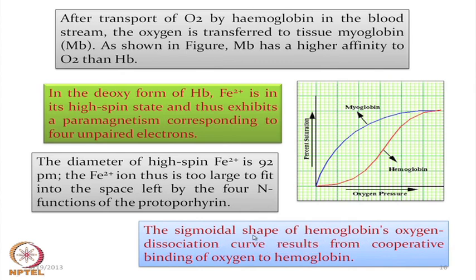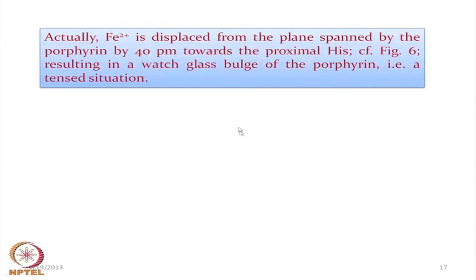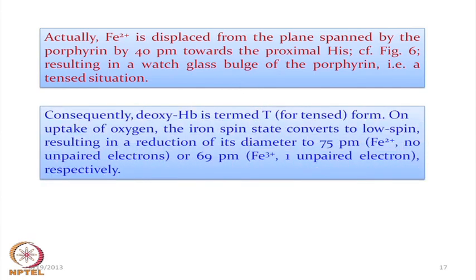So, the sigmoidal shape of the hemoglobin gives rise to the corresponding oxygen dissociation curve, and that basically gives us the cooperative binding of the dioxygen molecule by the hemoglobin. So, this basically means that iron 2+ is displaced from the plane spanned by the porphyrin ring and goes towards the dome shape of the porphyrin for oxygen coordination, and is in the tensed form.